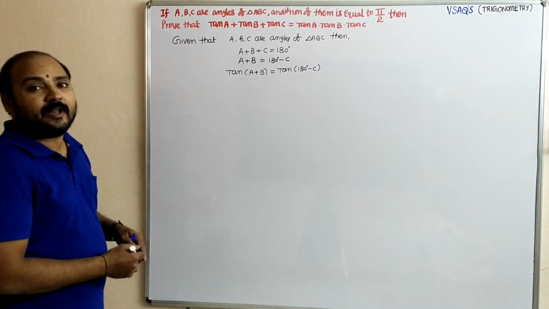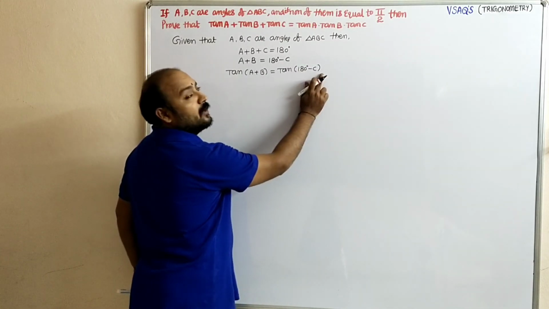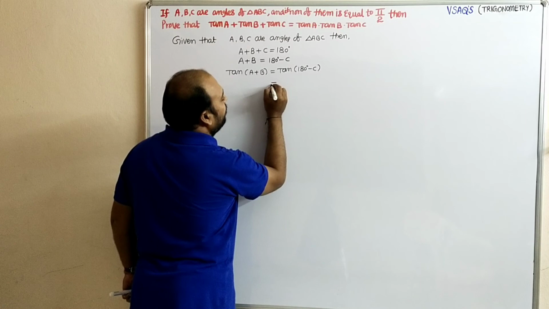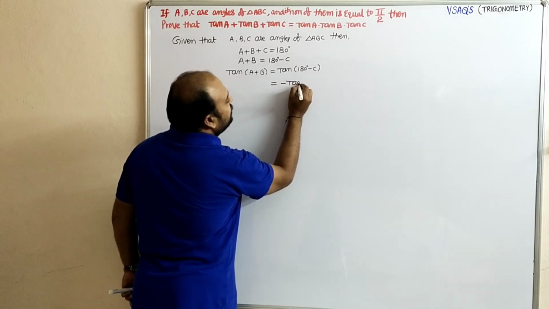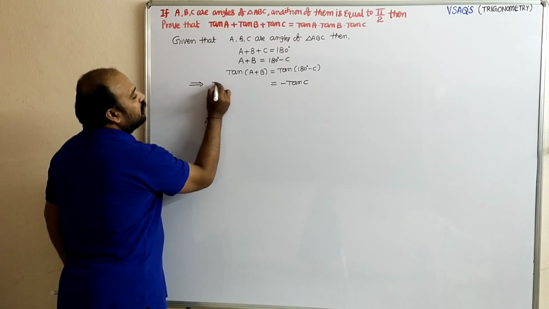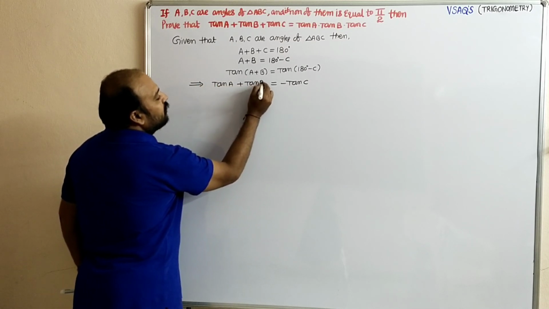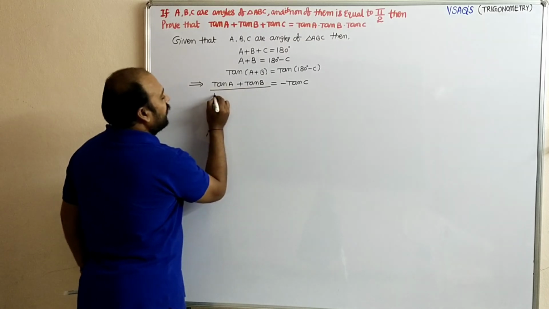In second quadrant tan is negative, 180 is an even multiple of pi by 2. So tan of 180 minus theta is minus tan theta. That means minus tan C. And tan of A plus B formula you have to write: tan A plus tan B divided by 1 minus tan A tan B.